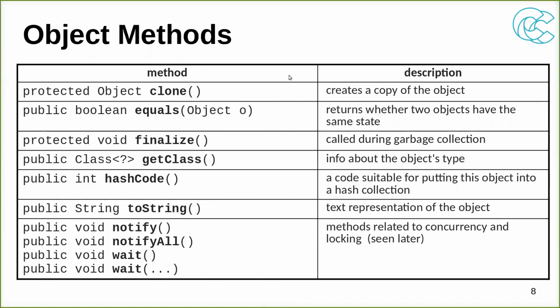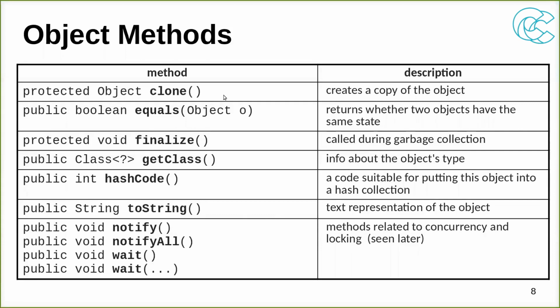But apart from that, there are all these methods which are part of the object class, and all these are inherited by default, right, by any of the classes. We'll briefly look at the functionality of each one of them, but as we go over this lecture and the rest of the lectures, you will get to know about all these methods.